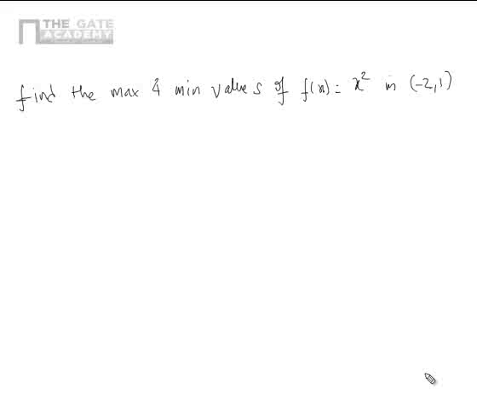Okay, so let us go by that. F dash of x will be 2x, f double dash of x will be 2.